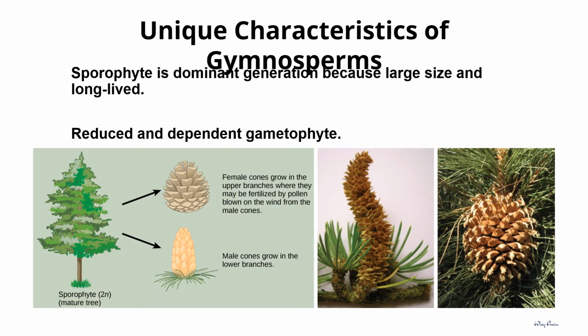Gymnosperms share some common characteristics with pteridophytes. One of them is about dominance and dependence. The sporophyte generation is the dominant generation in Gymnosperms because it shows large size and long life. The gametophytes of Gymnosperms become reduced over time, and they are non-photosynthetic structures, so they depend on the sporophyte generation for water and nutrients.